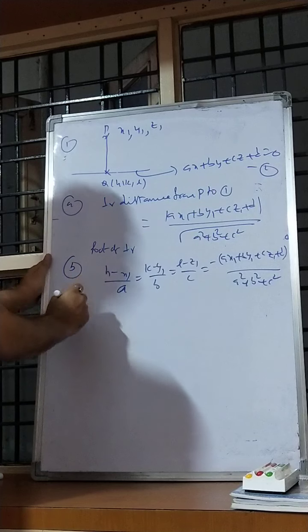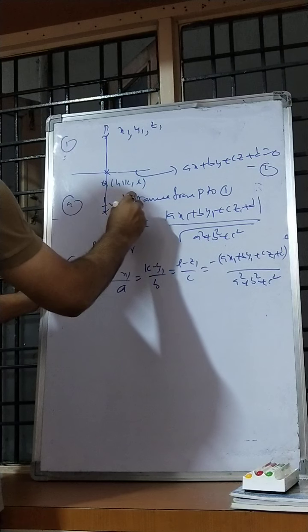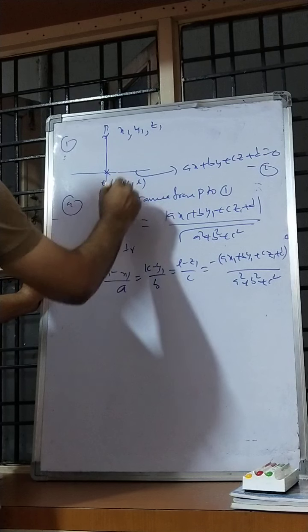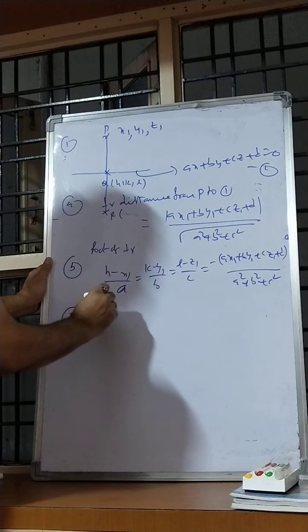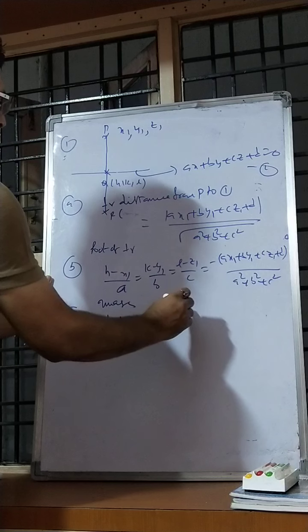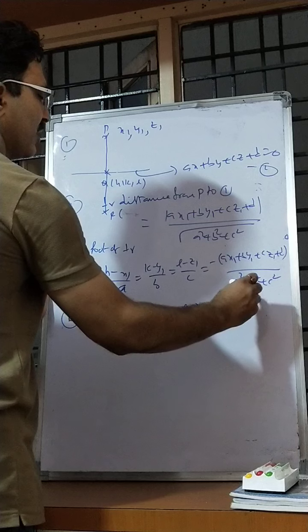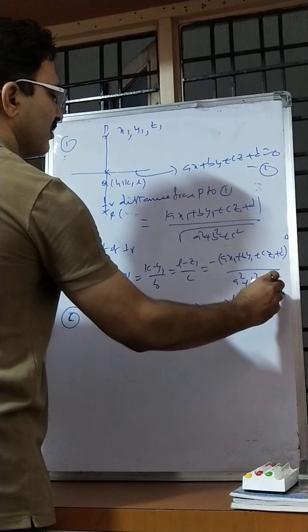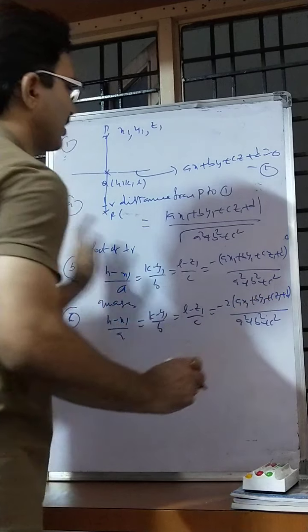Please remember, like this. Another one is also possible: the image, say (x, y, z). Here the image also has the same formula, but a slight change is there between foot of perpendicular and image, that is 2 times (ax1 + by1 + cz1 + d)/(a² + b² + c²).